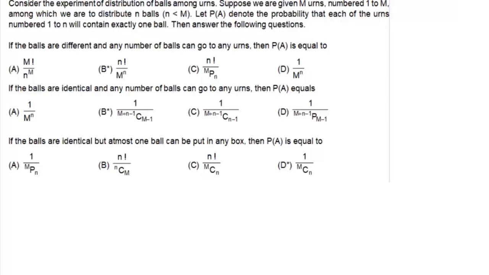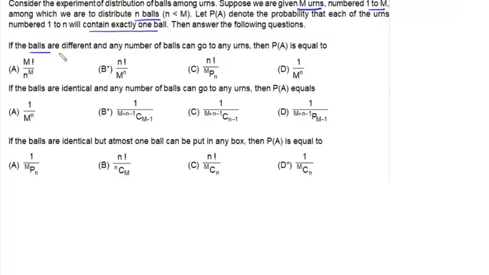Now here the question is, consider the experiment of distribution of balls among urns. Suppose we are given m urns numbered from 1 to m, among which we are to distribute n balls, where n is less than m. Let PA denote the probability that each of the urns numbered 1 to n will contain exactly one ball. Then answer the following.